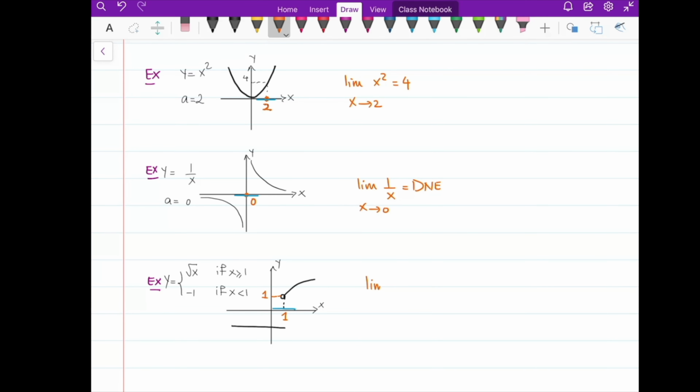That's why we say that the limit of y as x approaches the point 1 does not exist. In these situations where the limit does not exist, we have a jump. As you see, from here we have a jump. From here we have a jump. That's why the limit does not exist in these three cases.